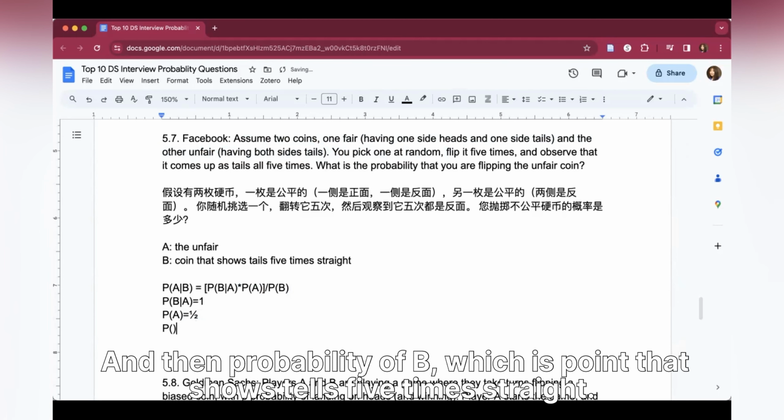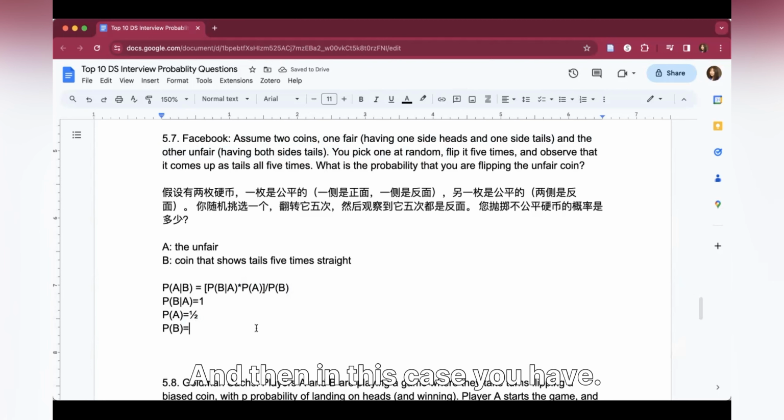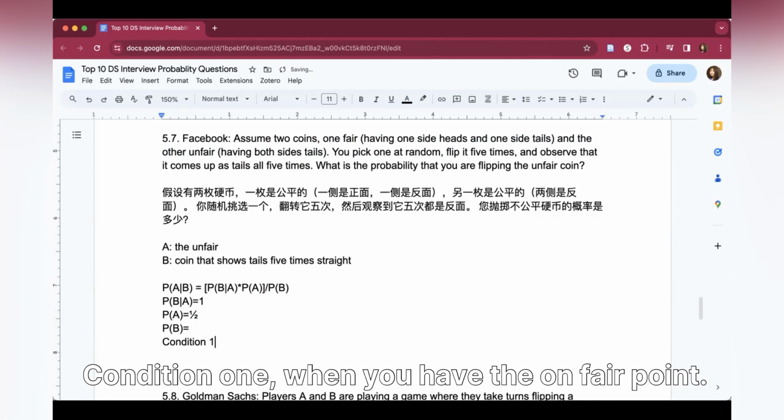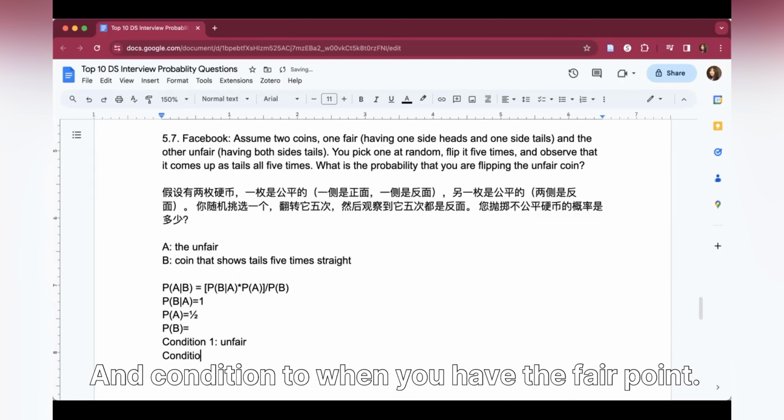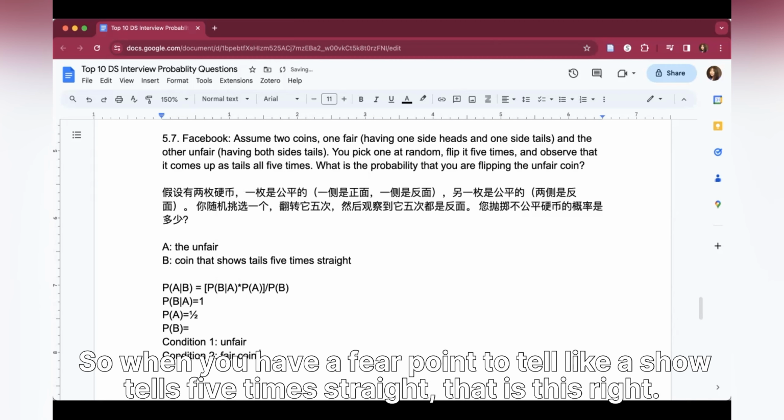And then P(B), the probability of the coin showing tails 5 times straight. In this case, you have condition one when you have the unfair coin, and condition two when you have the fair coin. When you have a fair coin, the probability of showing tails 5 times straight is this, right?